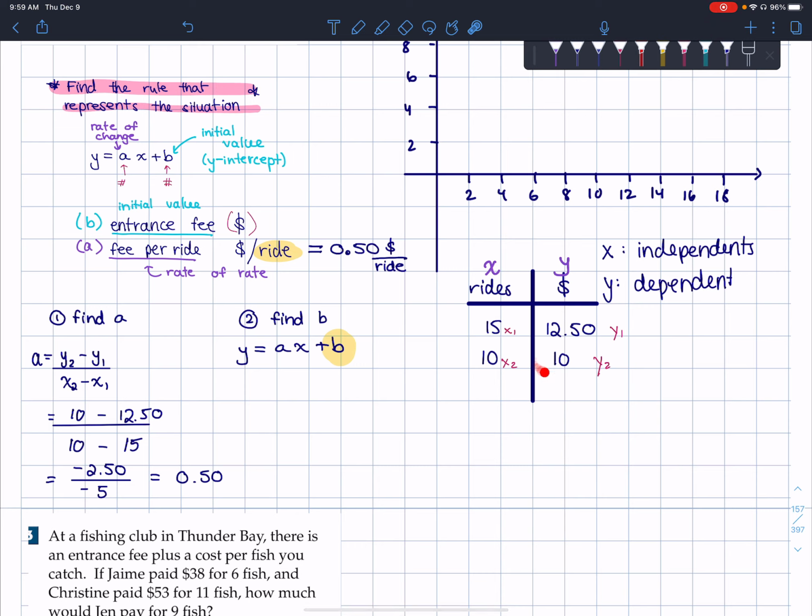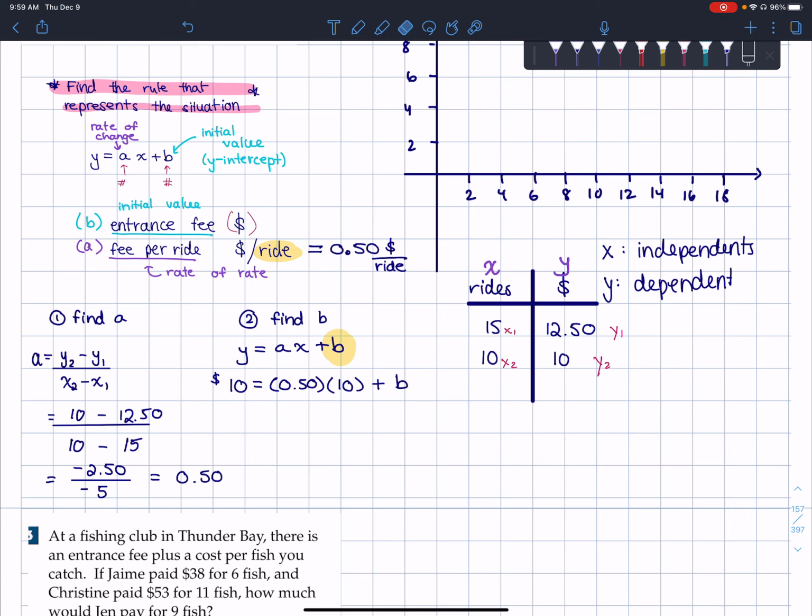So Julie paid $10. Okay. $10. And she paid $10 when she paid 50 cents for 10 rides. And then she also had to pay that entrance fee.